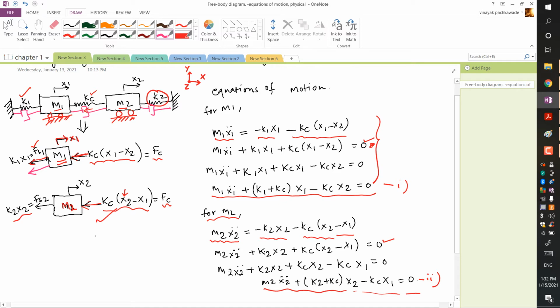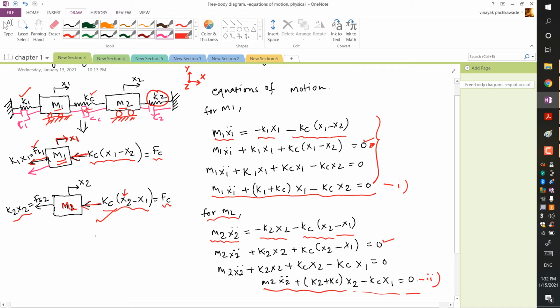There are losses also due to movement, because these bodies are moving relatively to each other. So let's call them c1, c2, and cc, between these three.